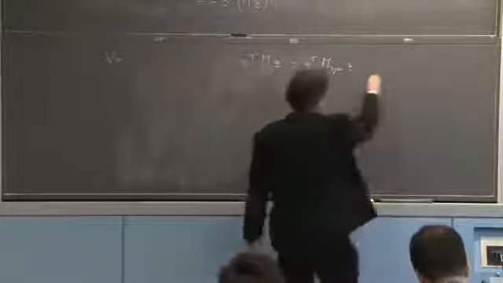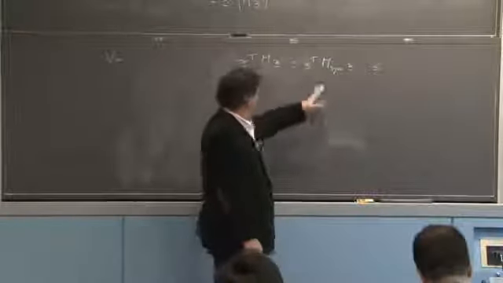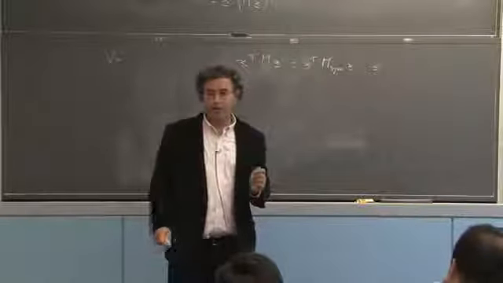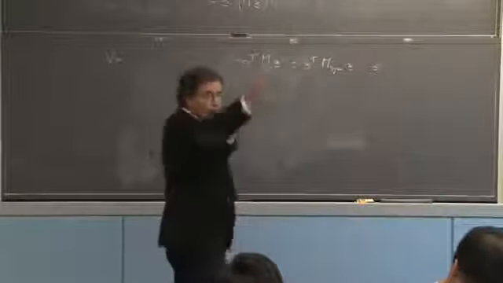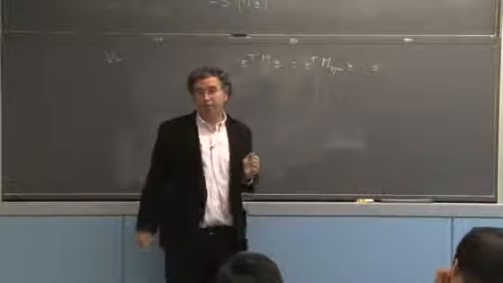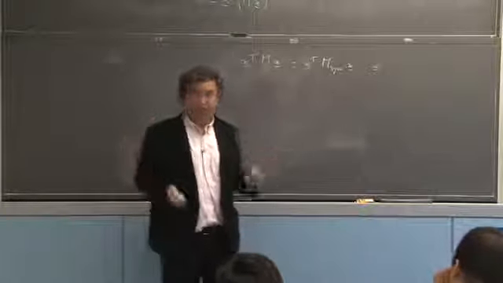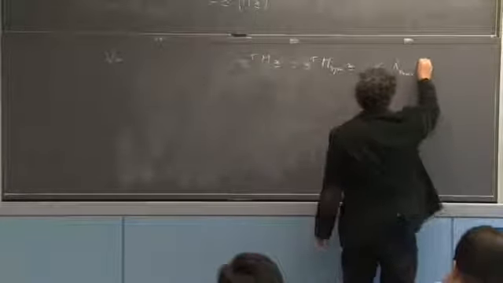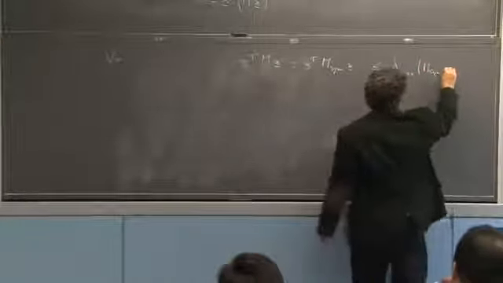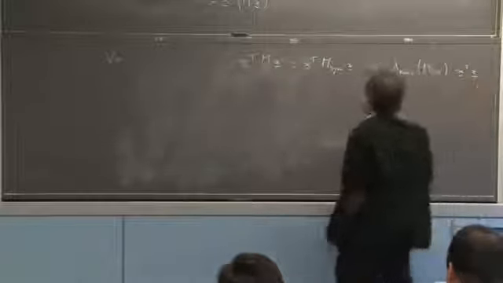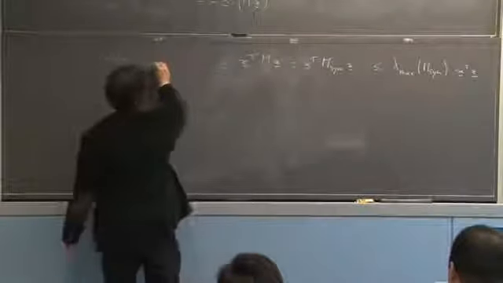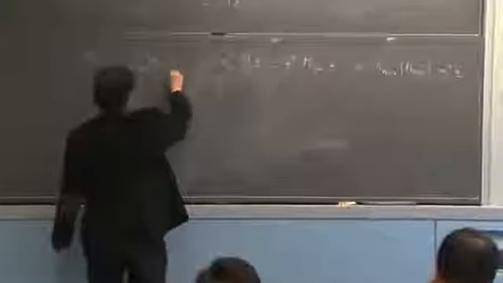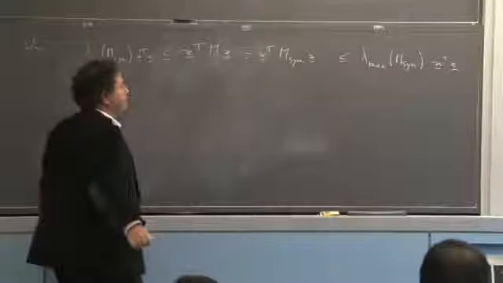And so it's easy to show that we know it's diagonalizable. We know it has real eigenvalues. These eigenvalues we can put in a string between lambda min and lambda max, all the real eigenvalues of the symmetric part of M. And so this quantity will be less than lambda max of the symmetric part of M times norm of x squared, and larger than lambda min of the symmetric part of M times norm of x squared.